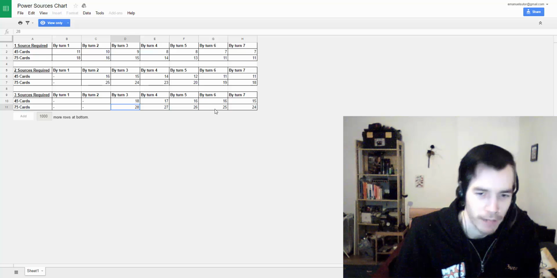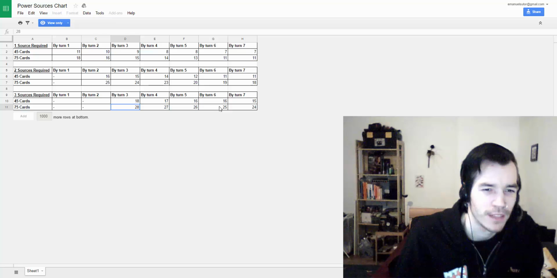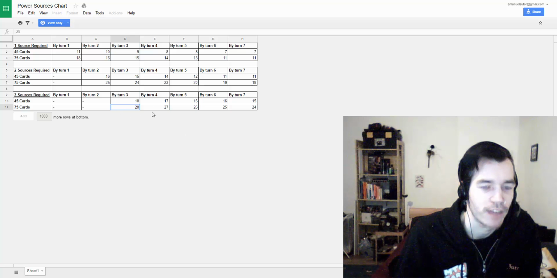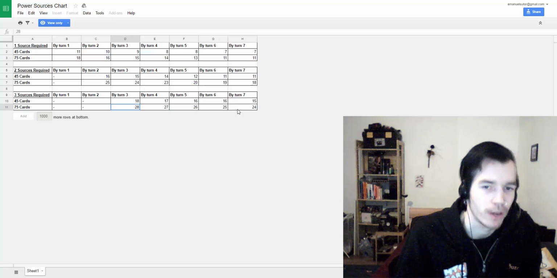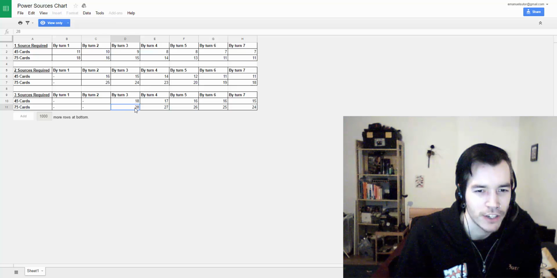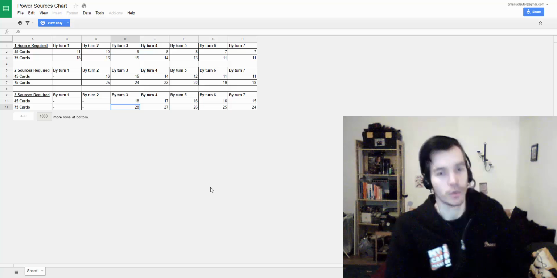Because by 6, the 6th power might be a monument rather than a regular power. If we have 27 actual power in our deck and add 2 monuments, we have the likelihood of hitting our 6th power as if we were running 27 power, not as if we were running 29, but we still have the chance to hit our 3rd, 4th, and 5th as if we were playing 29 power.